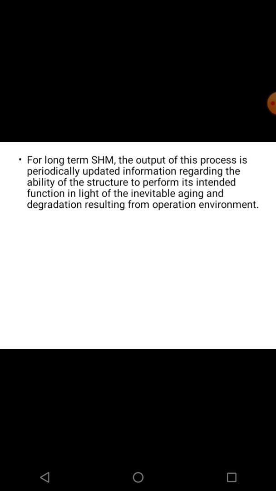And why is it used? When you have seen cases like earthquake or blast that affect our structure severely, after such an event there will be damage in our structure, and this SHM tool is very effective for this type of structure.